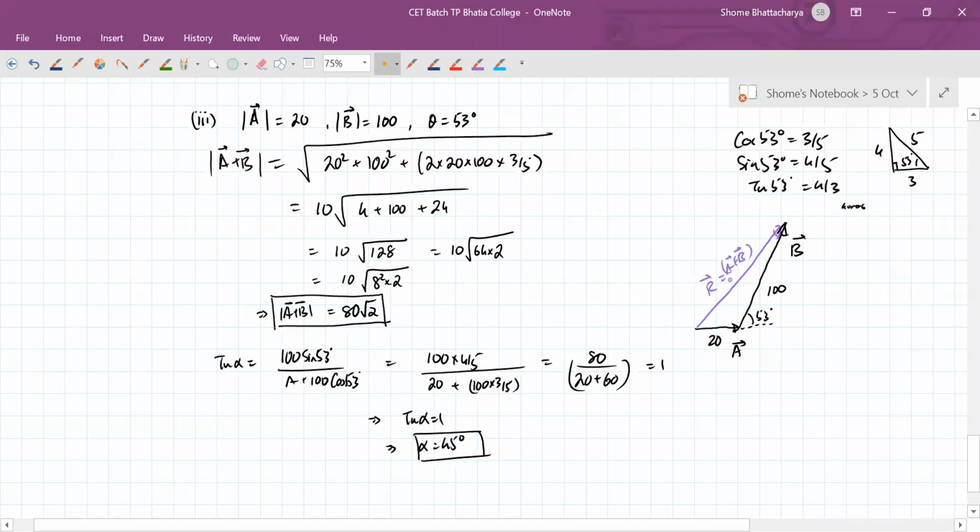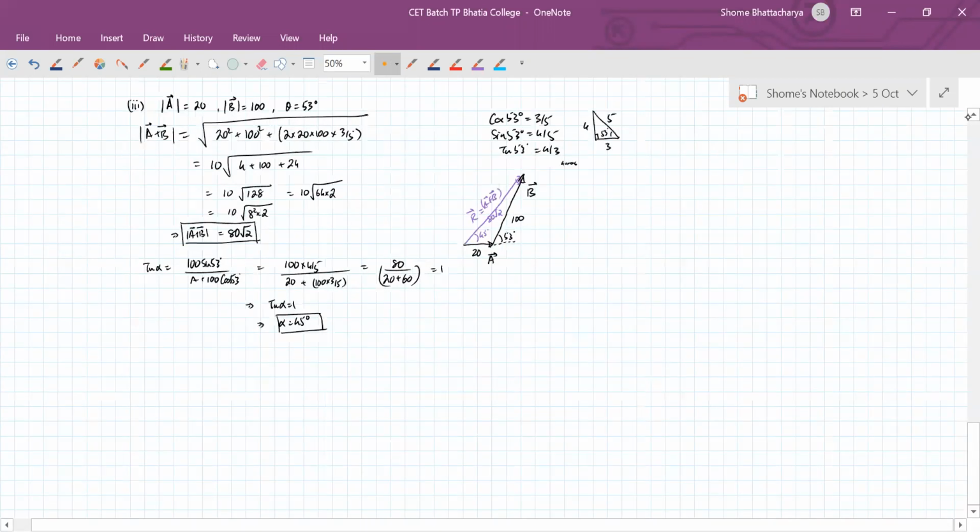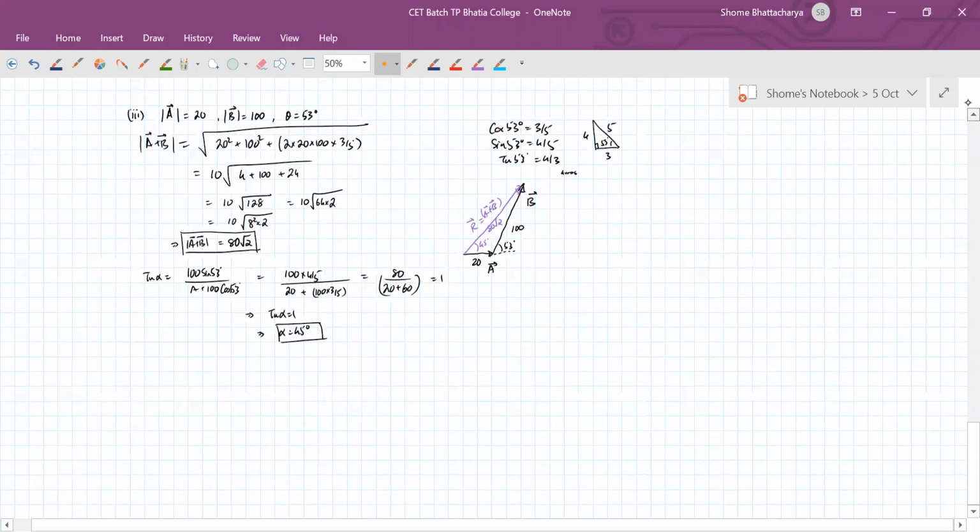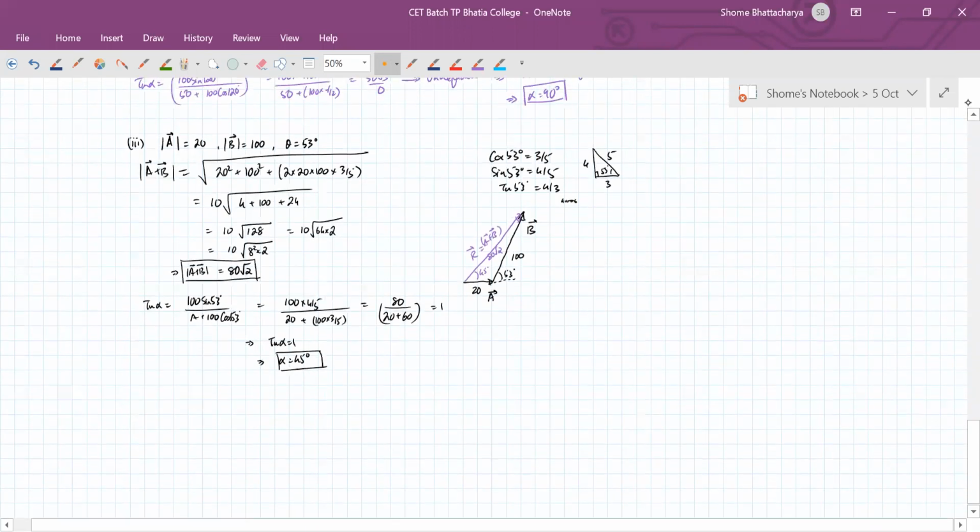It's coming out to be of magnitude 80 root 2, and this angle is coming out to be 45 degrees. Hope with these three examples it's fully clear the application of the triangle law for the sum of two vectors.